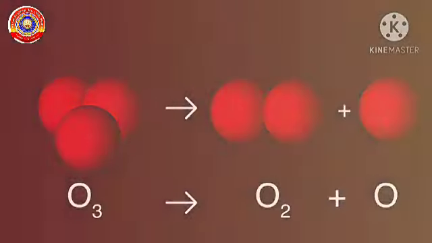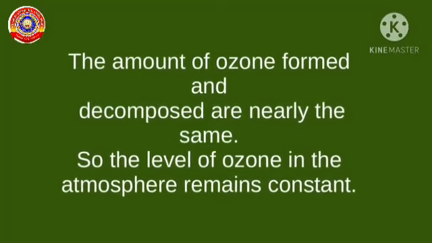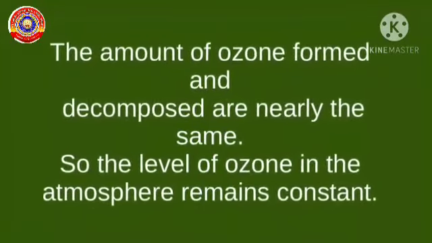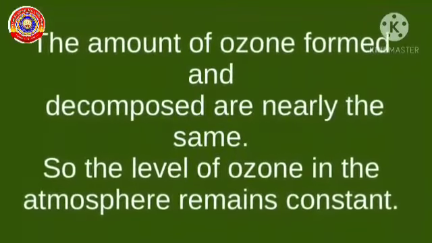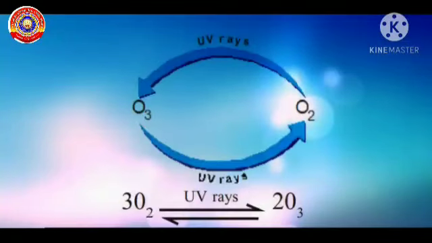So why does the amount of ozone in the atmosphere remain constant? Yes, as I told you, the amounts of ozone formed and decomposed are nearly the same. So the level of ozone in the atmosphere remains constant. The energy for this process is obtained from the ultraviolet rays coming from the sun.